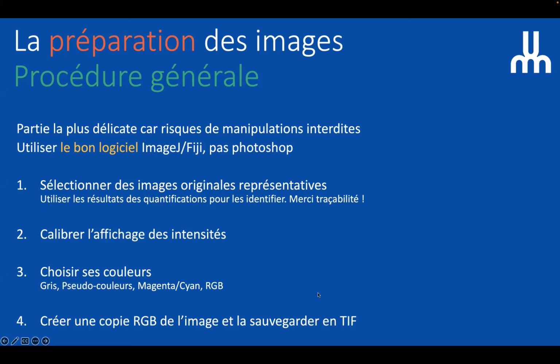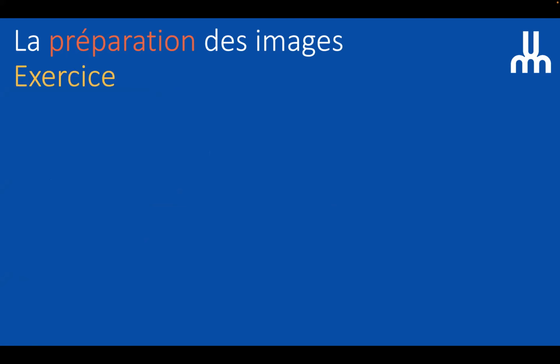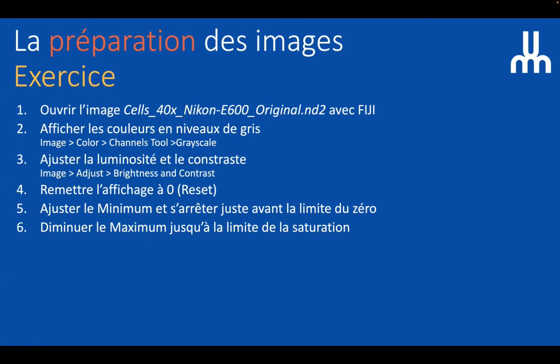So I'm going to give you the layout of the exercise I'm going to run while sharing my screen, and we're going to prepare some images for the figure. The exercise is to open an image, display the gray levels, and adjust the brightness and the contrast.